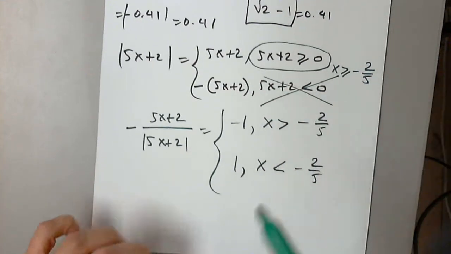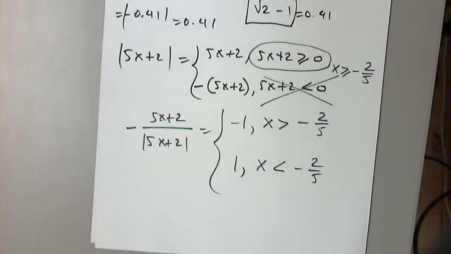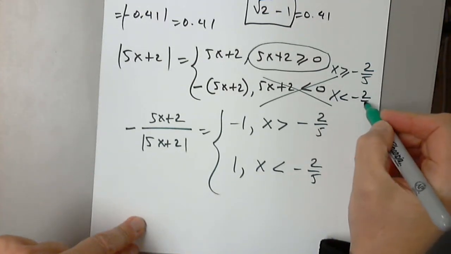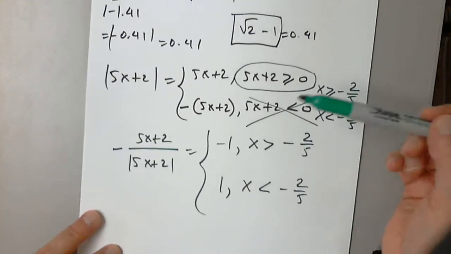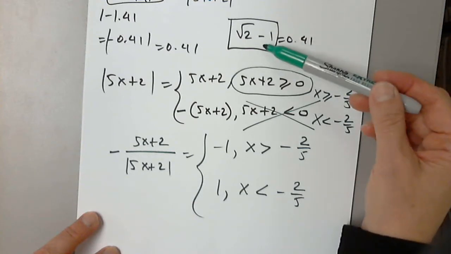Remember, we never waste our time to solve the second inequality, ever. If the first one is greater than or equal to negative 2/5, this one must be less than negative 2/5. Mandatory. All I have to do is put this number in here.